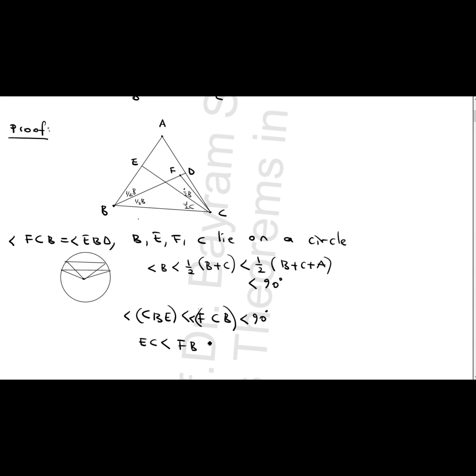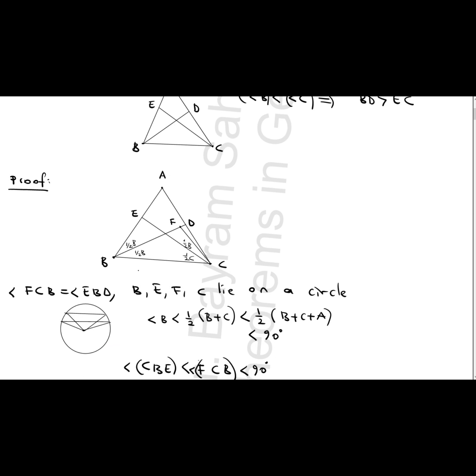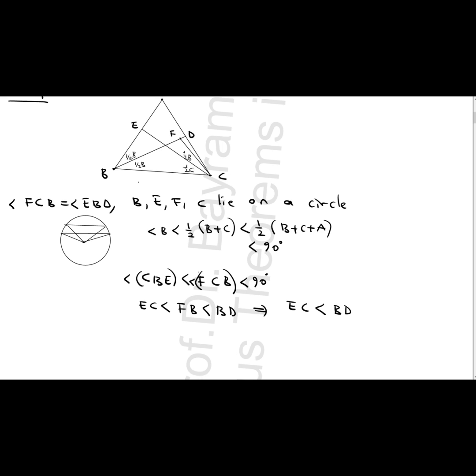But FB is smaller than BD, right? So it means EC is smaller than BD. So BD is bigger than EC. So we proved this lemma.